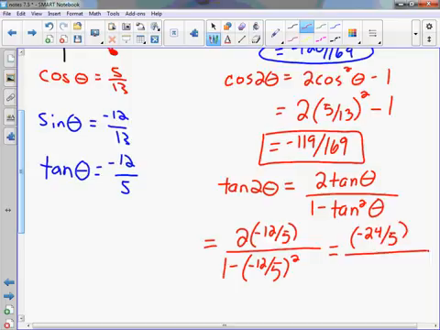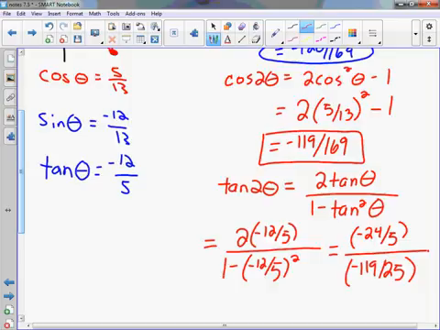And in your denominator, if you type that in exactly like it looks, the negative 12 over 5 squared will become positive. Keep that in mind. You would actually square this first, and then do the subtraction from 1. But if you type it in just like it looks, you should be okay. That's going to give you negative 119 over 25.